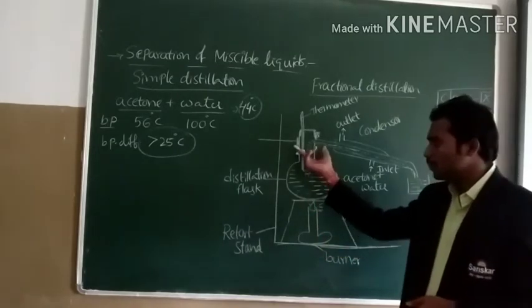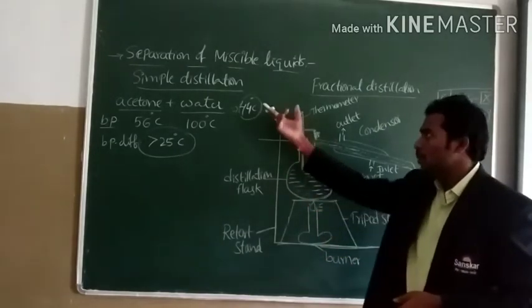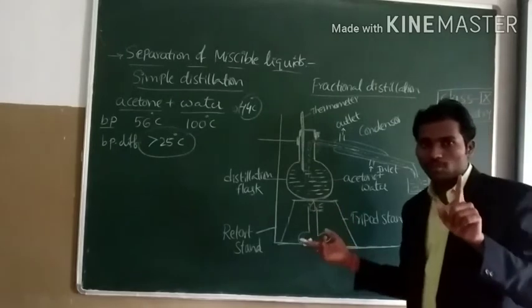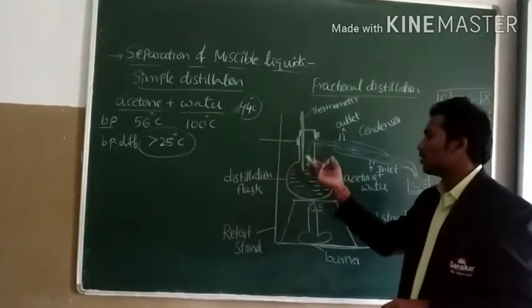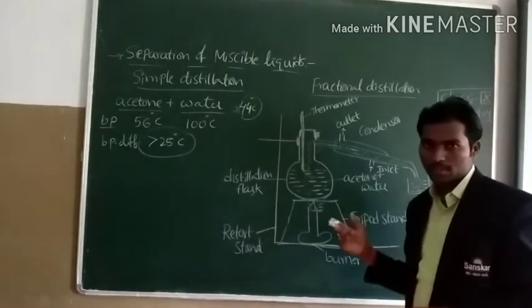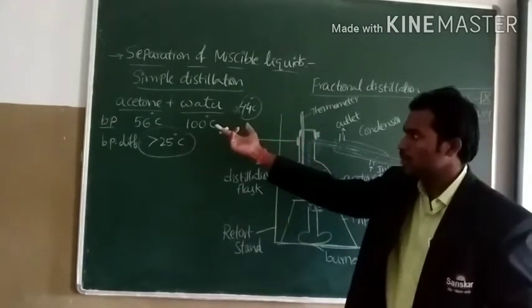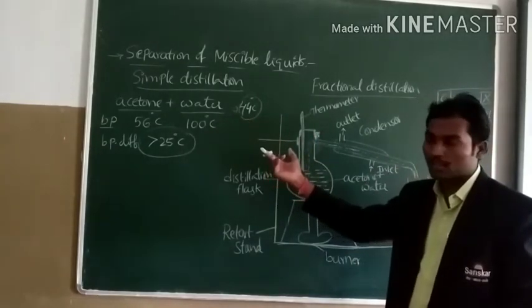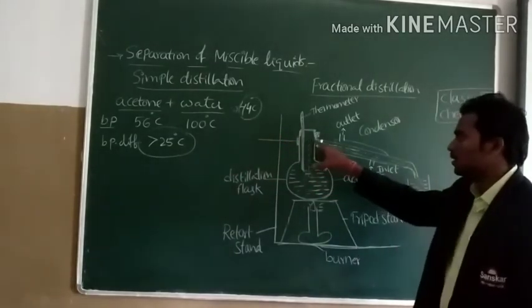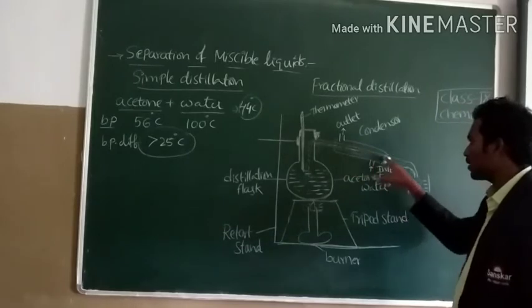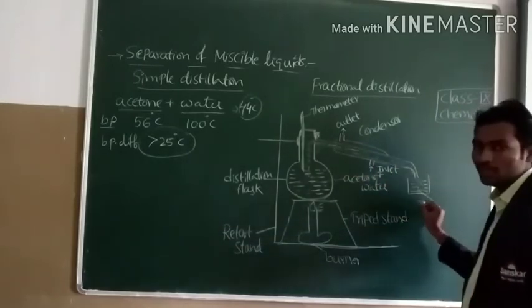Here, on heating the miscible liquids, the liquid which has the low boiling point starts changing into vapor state. Here, the boiling point of acetone is 56 degrees Celsius. The acetone changes into vapor state, the vapors pass through the condenser and come to the liquid state.